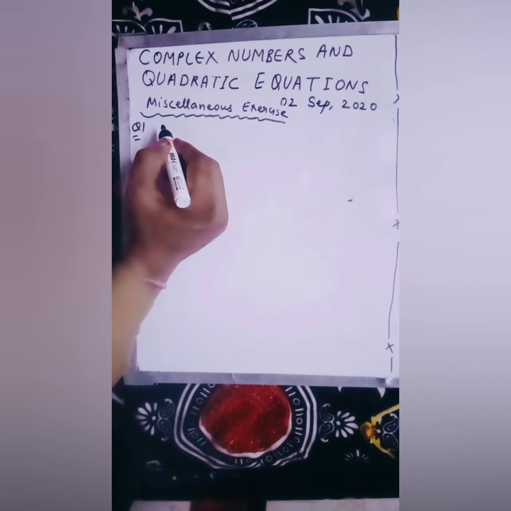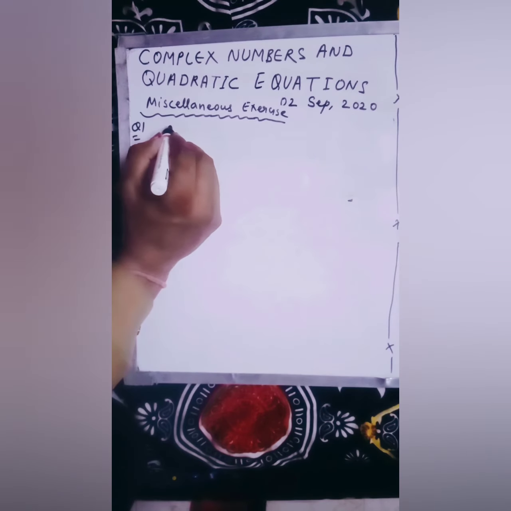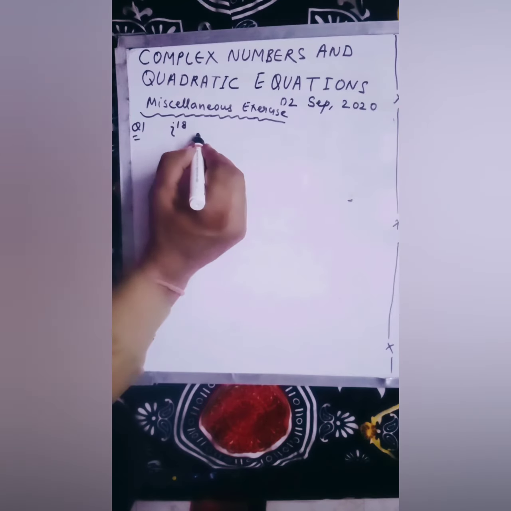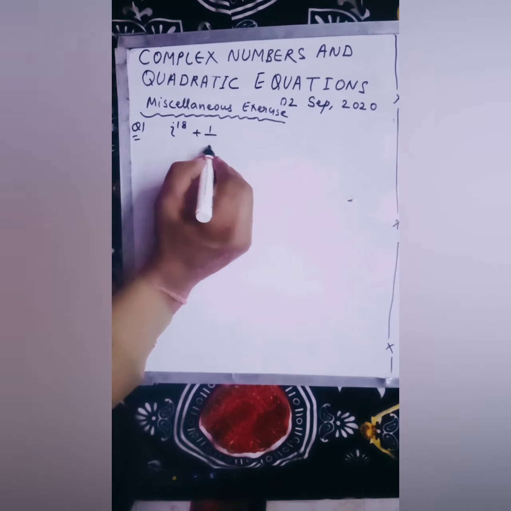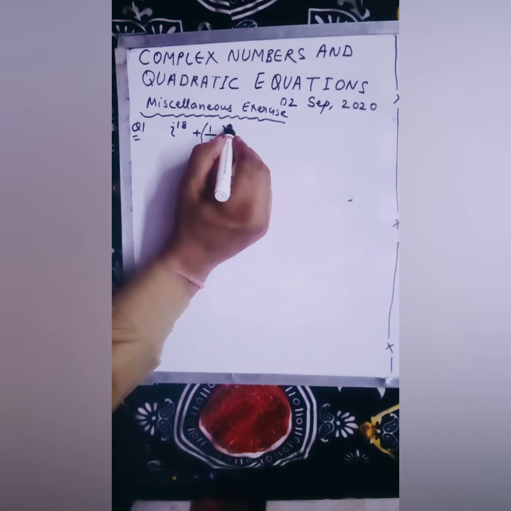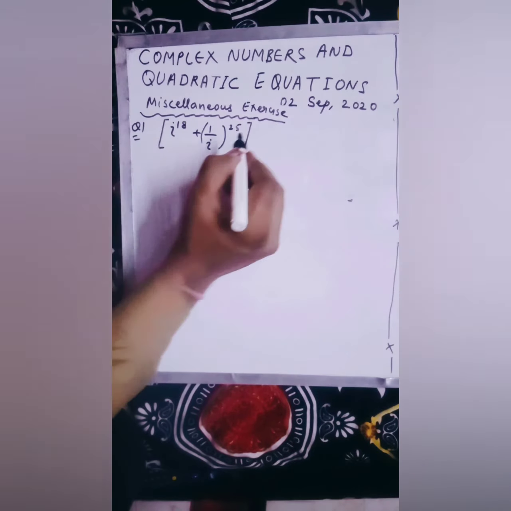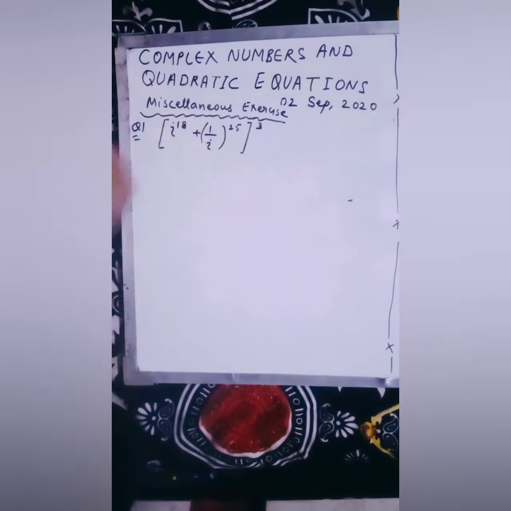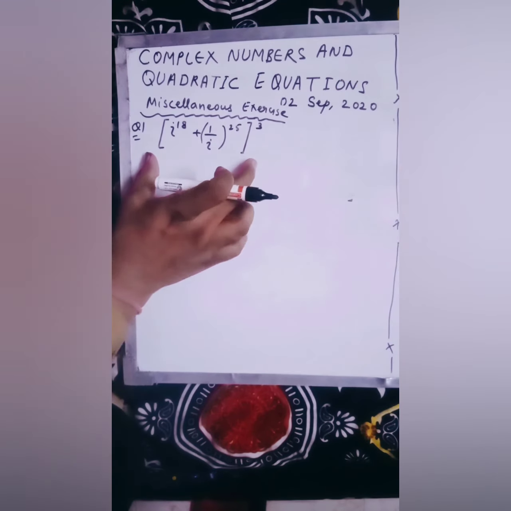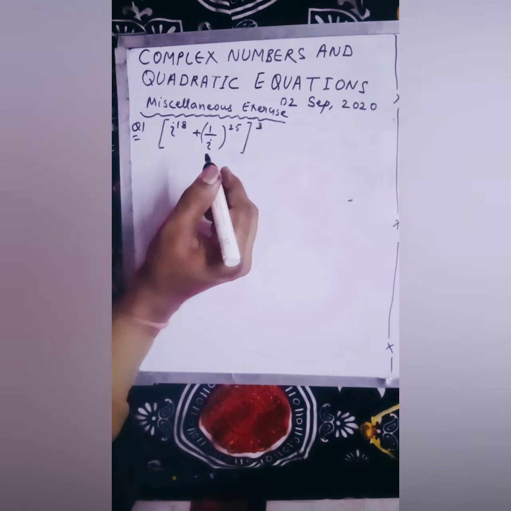See, we have to evaluate i raised to power 18 plus 1 by iota, and this whole raised to power 25, and all of the thing will be in bracket, and you have to write the power 3. Okay, so we have to evaluate this. Okay, see how can we evaluate.